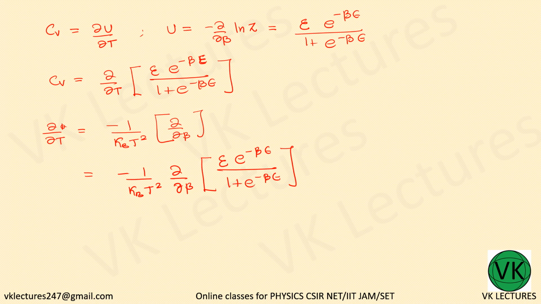This e can be taken out, so minus e by kBT square ∂/∂beta of, you can divide and multiply by e to the power minus beta e for the numerator and denominator, what you get is 1 divided by e to the power plus beta e plus 1.